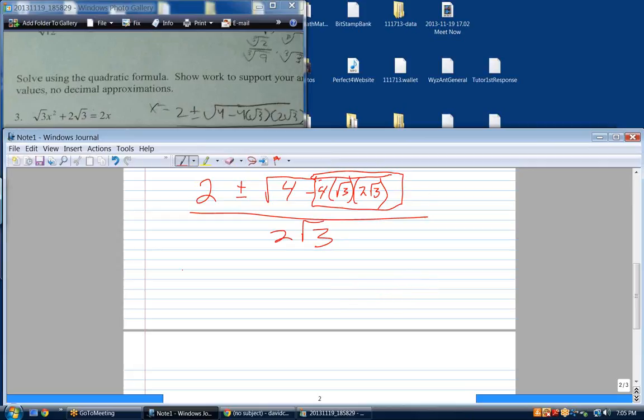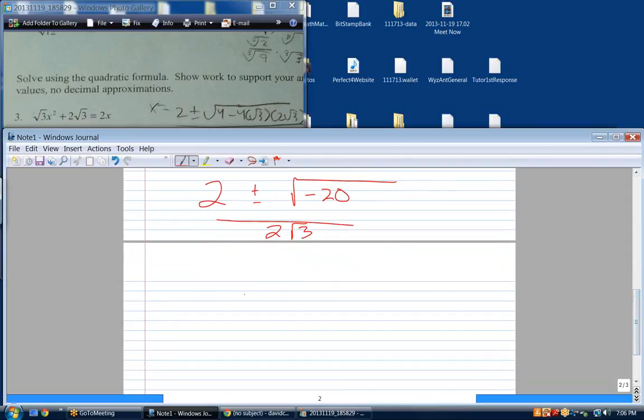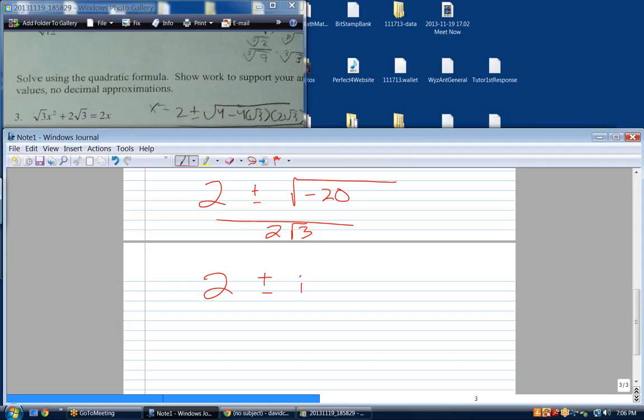So now let's rewrite it. It'd be 2 plus or minus square root of -20, all over 2 square root of 3. Okay, and then let's reduce square root of -20. It'd be 2 plus or minus i times 2 square root of 5.